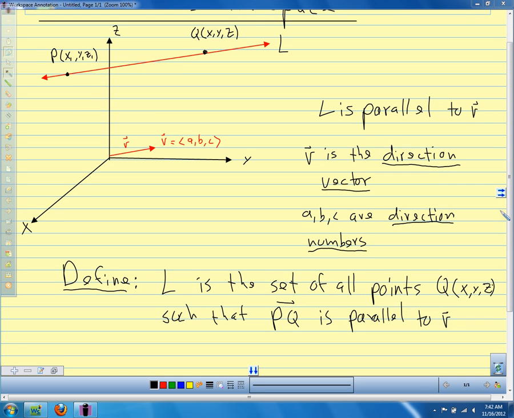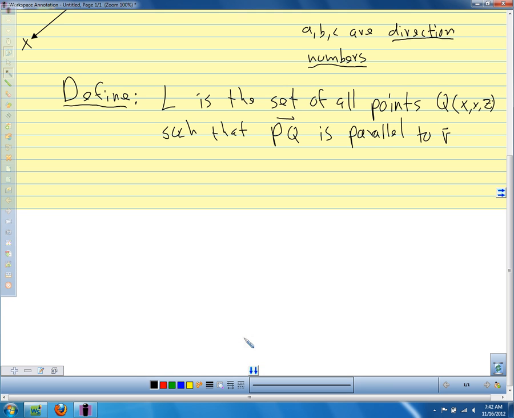So this is how we're going to define a line in space. We'll define it as a set of all points Q such that if we're given some point P, the vector from P to Q is parallel to our direction vector. So what this tells us is that vector PQ is a scalar multiple of V. So PQ equals some scalar T times V, where T is a scalar.